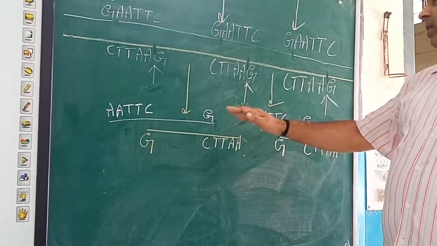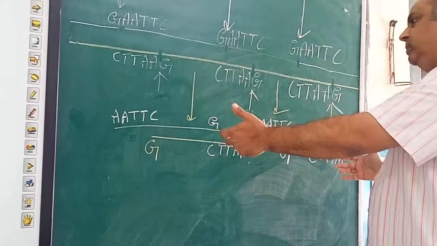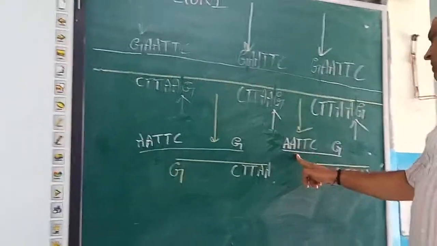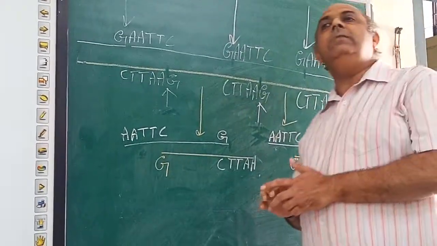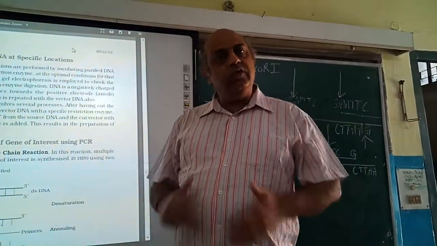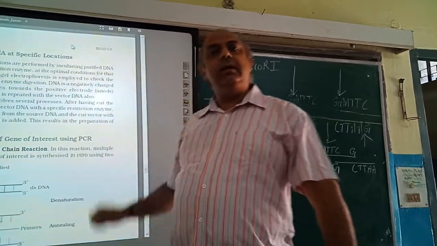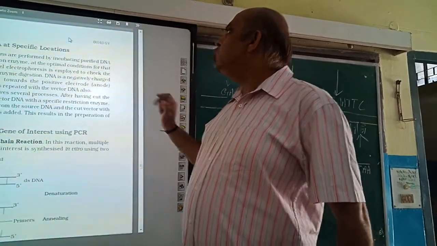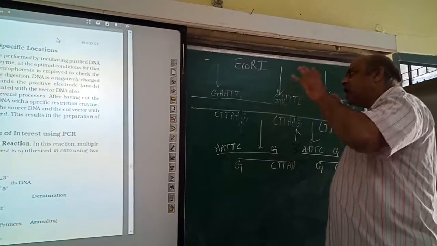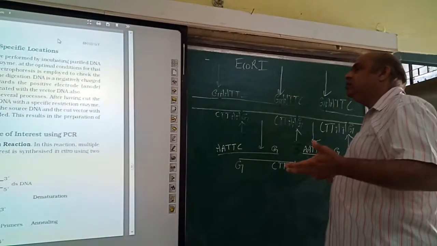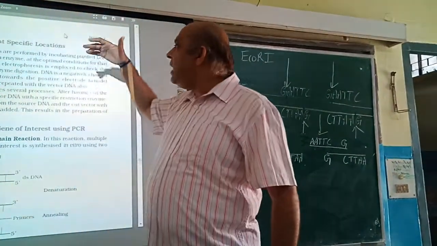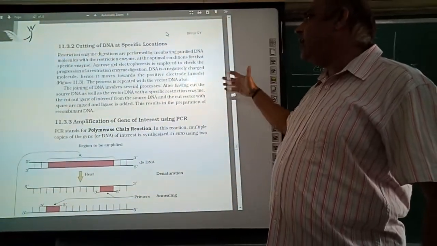You can see there are segments, and these segments have sticky ends. These sticky ends are very much necessary to join the desired DNA segment with a vector with the help of enzyme DNA ligase. So first of all, we have to cut the DNA into small fragments by using restriction endonuclease enzyme. The next step is agarose gel electrophoresis.